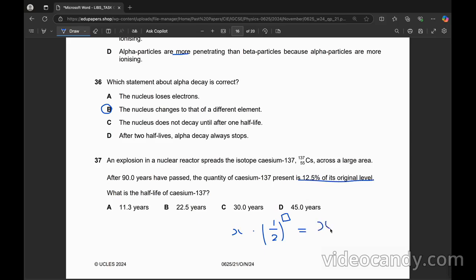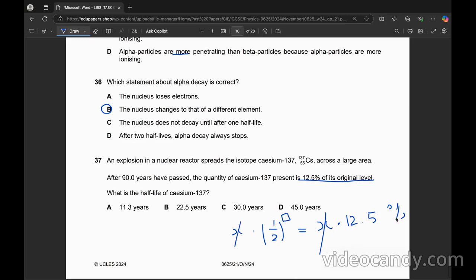The left one is 12.5% of the original cesium-137. So you can say that these X's can cancel. And I'll just have to look for this little square. And this is a bit of math.